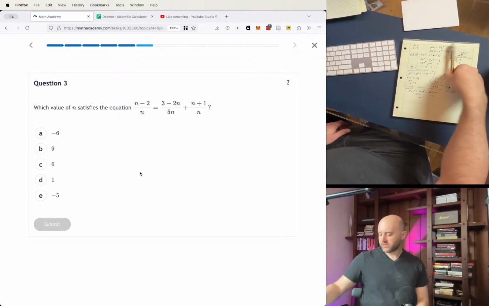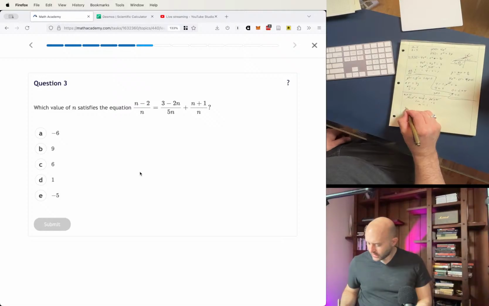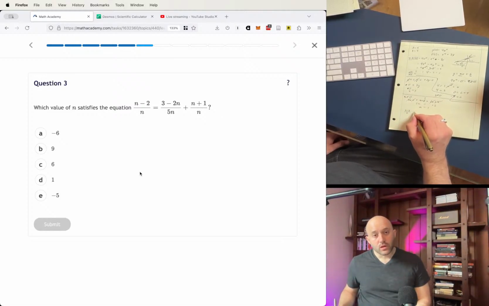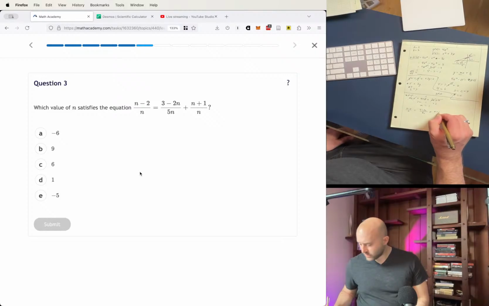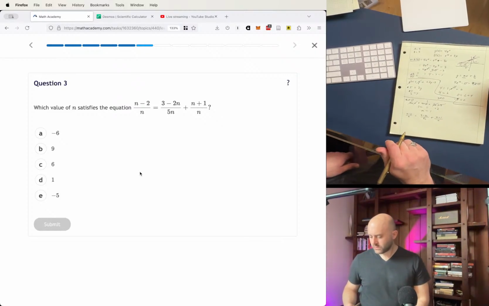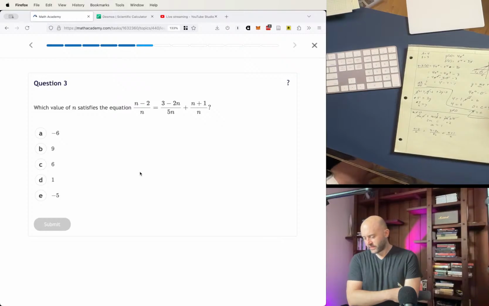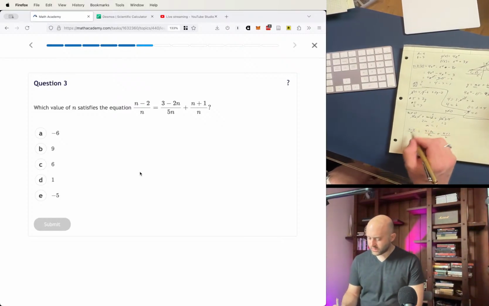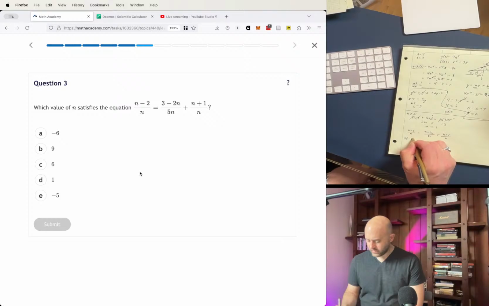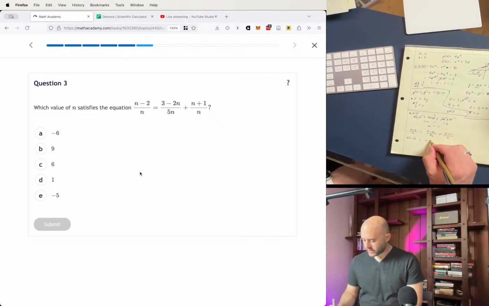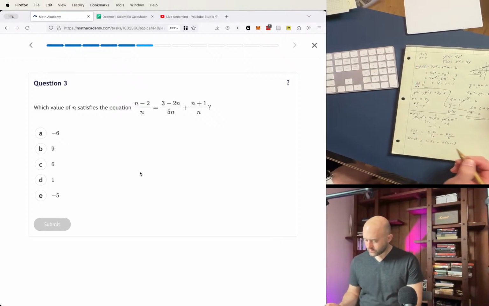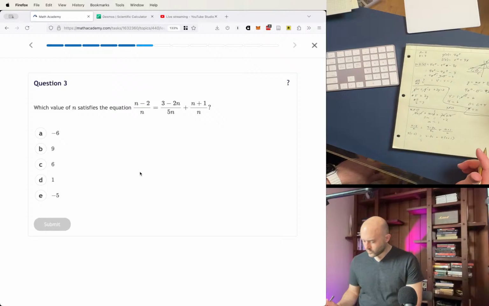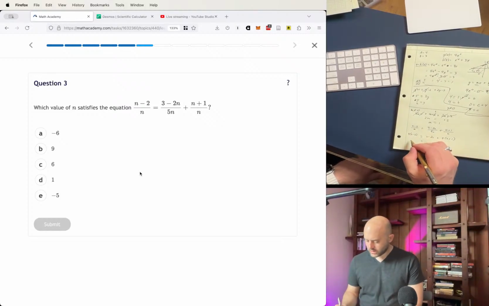So if n satisfies the equation, n minus 2 on n equals 3 minus 2n on 5n plus n plus 1 on n. So multiply through by 5n, and we get ourselves 5n minus 2, 3 minus 2n plus 5n plus 1. Let's not get too fancy, let's just do it.